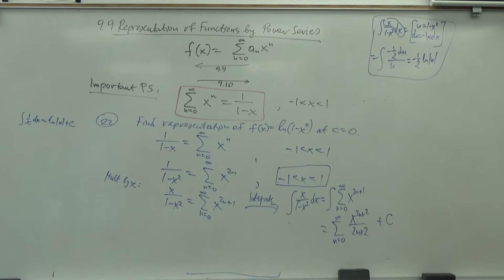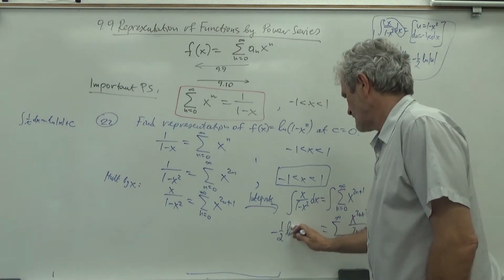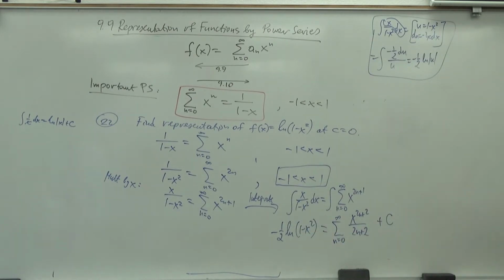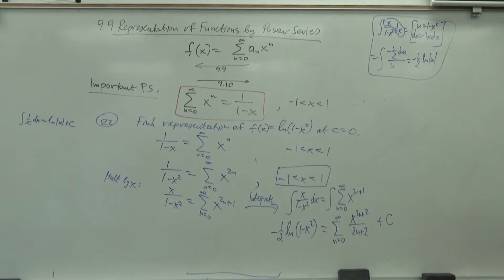So this would be negative 1/2 ln of 1 minus x squared. Why is it that I didn't put the absolute value? Because x is between negative 1 and 1, so I don't need the absolute value. The expression is always positive. So here it is, we got our representation. The only thing is to multiply by negative 2 on both sides.